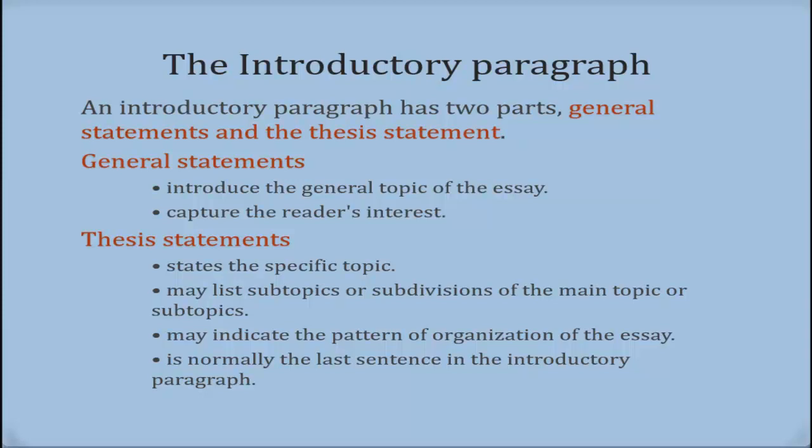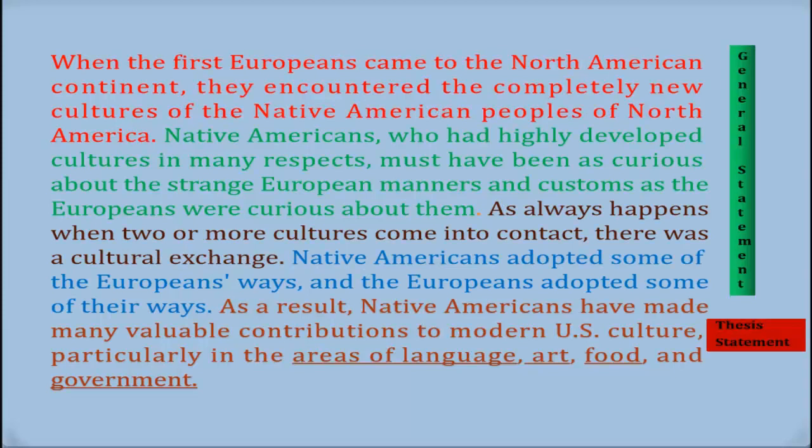Right, now we are going to see an example of the introductory paragraph. If you see this page, you can see that the introductory paragraph for this example consists of 4 sentences. First, when the first Europeans came to the North American continent, they encountered the completely new cultures of the Native American peoples of North America.